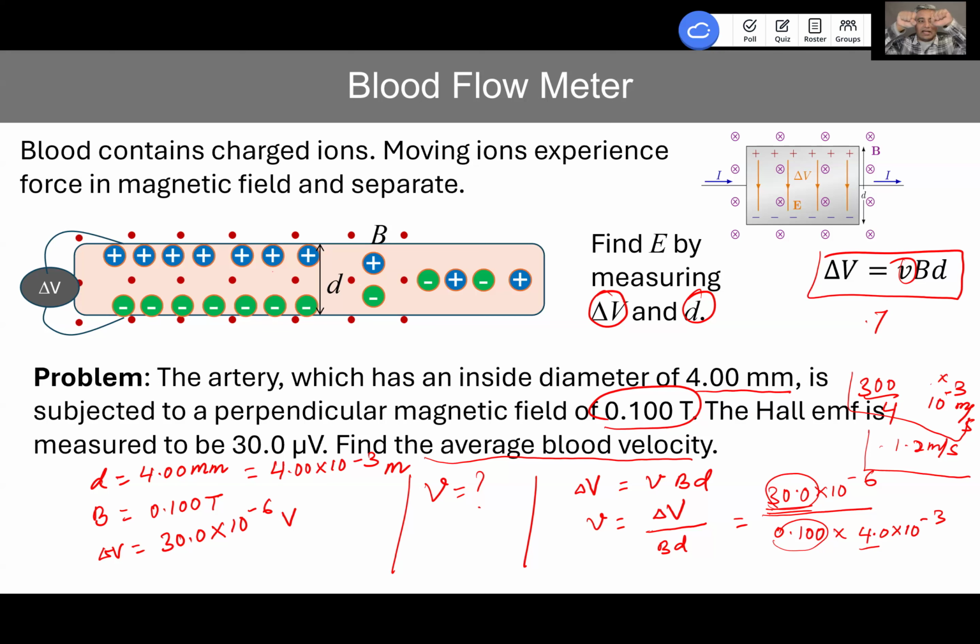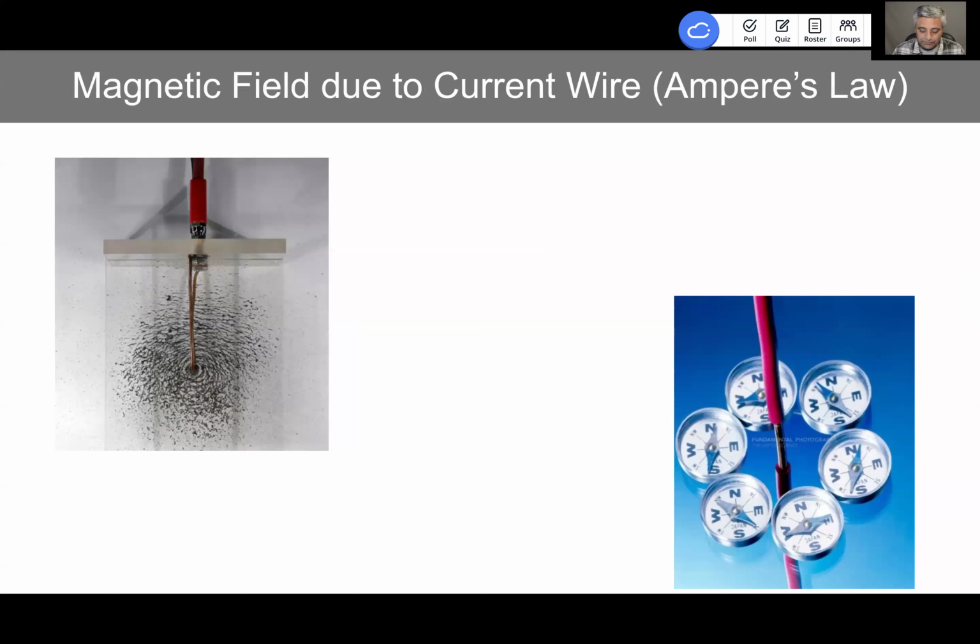So they are like two magnets. That's why moving charges experience force in a magnetic field, just like one magnet and another magnet experience force. Charges, when they move, act like a tiny magnet. That's the origin of the magnetic field.